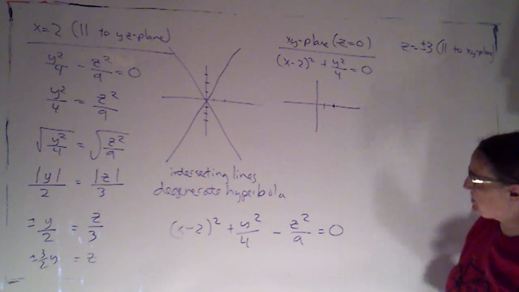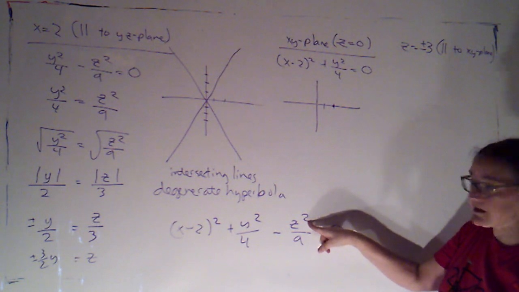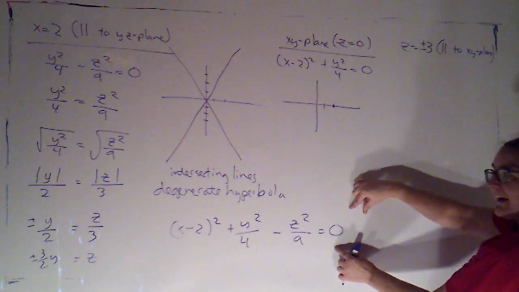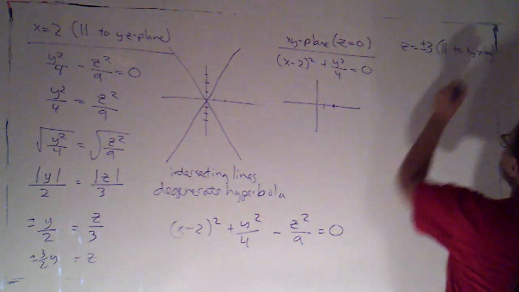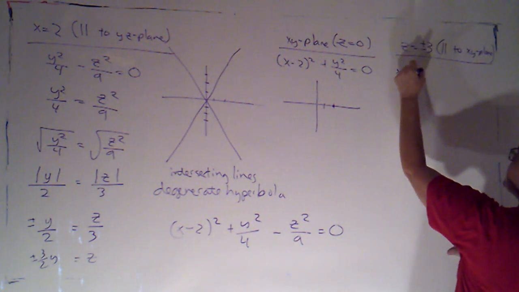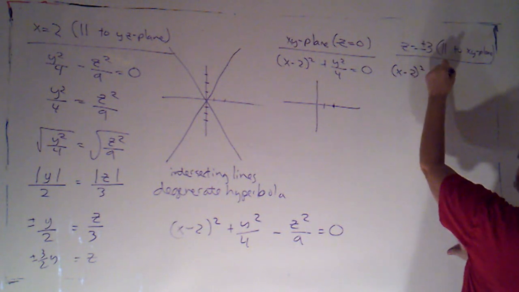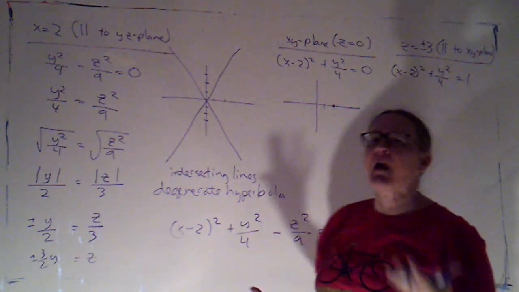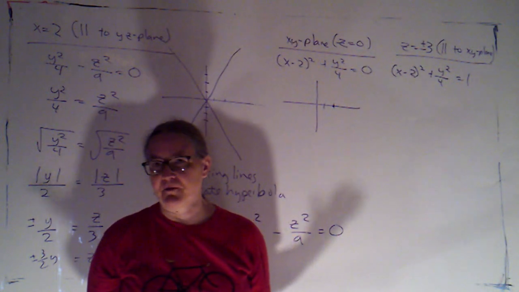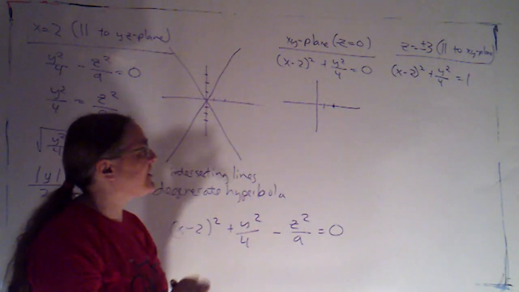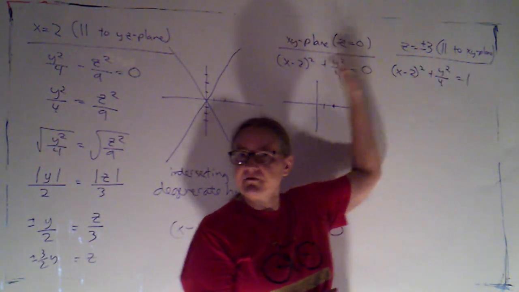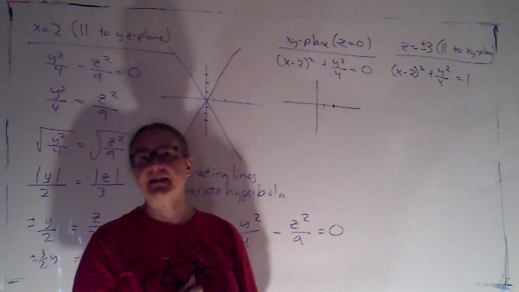And the reason I chose plus or minus 3 is because that makes z squared 9, so it makes this term 1, so that when I add it over, I'll have a 1. So that my equation becomes x minus 2 squared plus y squared over 4 equals 1. And with that 1 there, it's already in standard form. Again, if I made a different choice for z, I'd just get some number other than 1. I'd have to divide through by that number in order to get things in standard form.